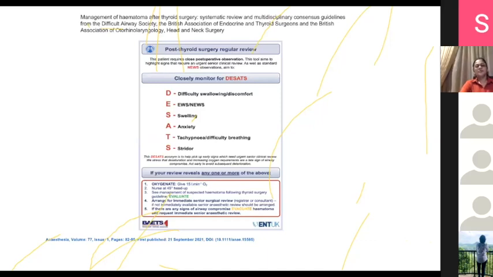If the patient starts developing a swelling or becomes extremely anxious, is tachypneic, finding it difficult to breathe, and develops stridor, you closely monitor for DSATs, and this may actually tell you that there's a problem here and probably a hematoma developing after thyroid surgery, and you need to take the patient immediately for evacuation to theater.